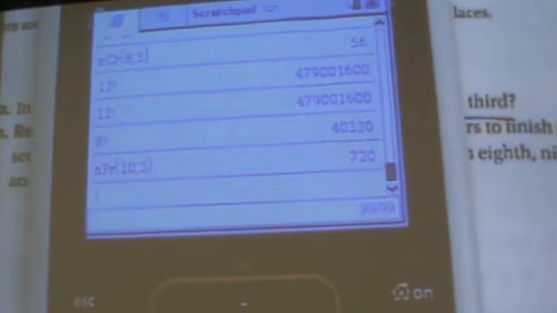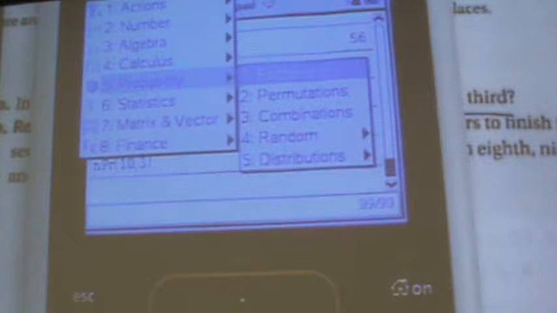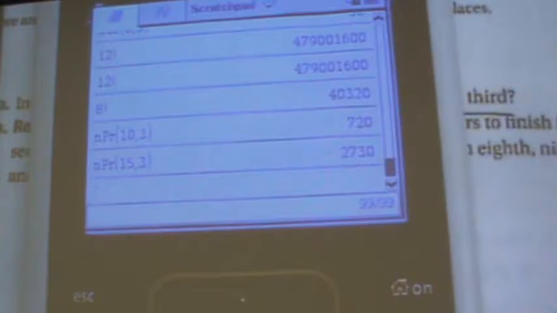See if you remember what I just told you. What do you hit? Menu. Probability. Permutations. 15, taken 3 at a time. You get the same number? Yep. Cool. Awesome.